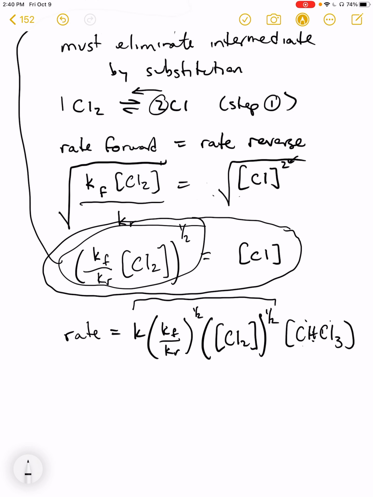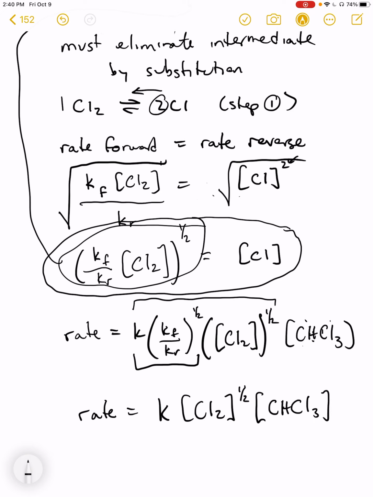Now I can clean this up a little bit. All of these constants can be grouped together. A constant times the forward constant to the 1/2 power divided by the reverse constant to the 1/2 power is just going to be a constant. So I'll still call it K. And then I'm going to have a Cl2 to the 1/2 power times CHCl3.